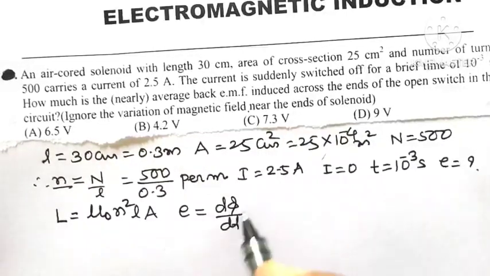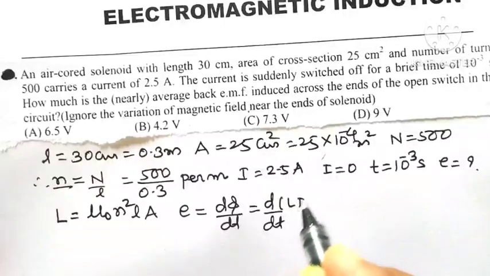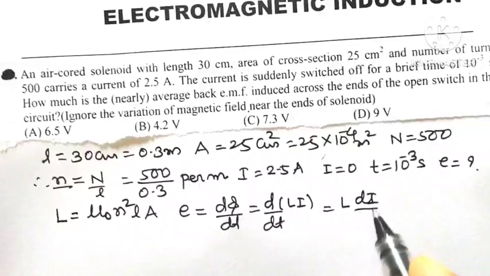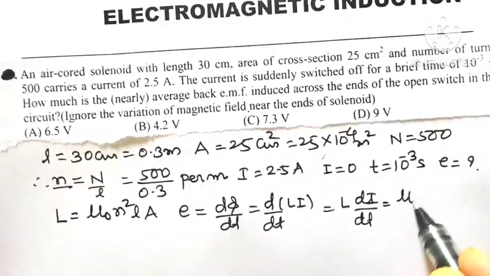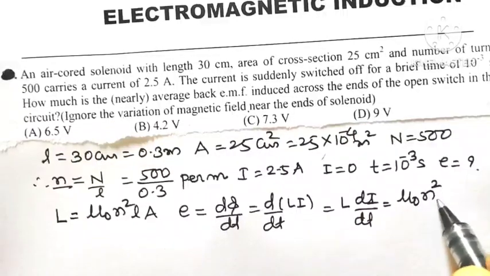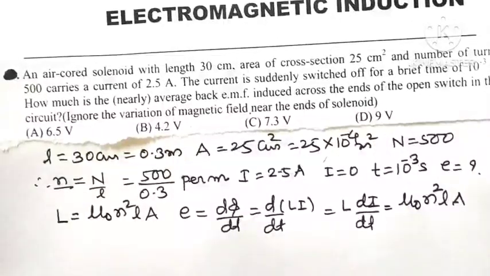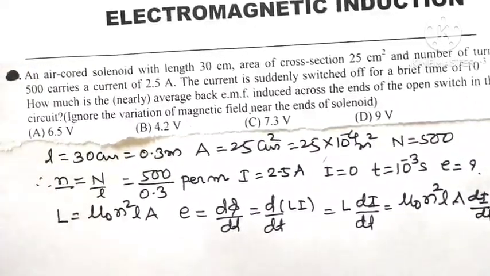But flux phi is equal to L into I. So this is d by dt of L into I. L is constant, take it outside: L into di by dt. But what is L? L is equal to mu 0 n square l A, into di by dt.